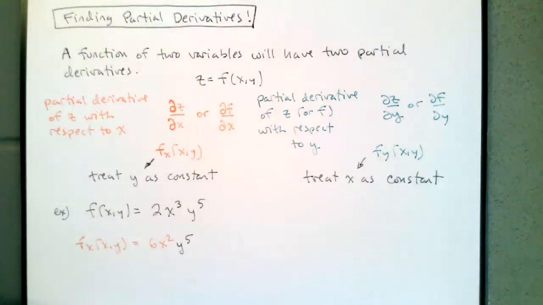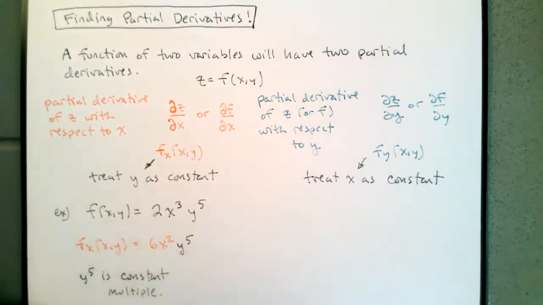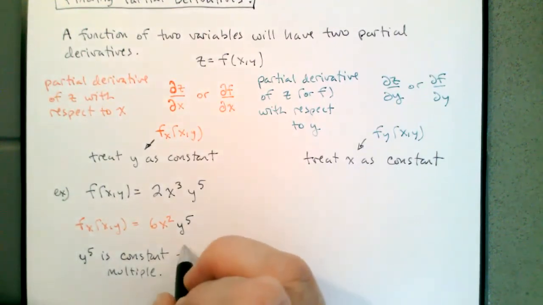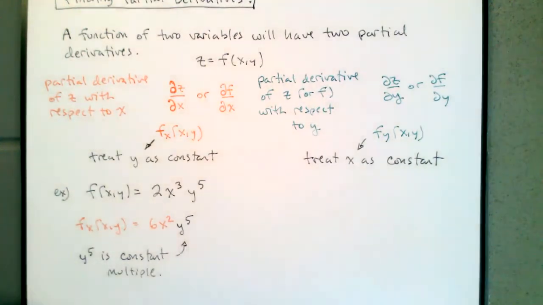We are treating the y to the fifth as a constant multiple, and it just gets carried along, just like we did with the 2.